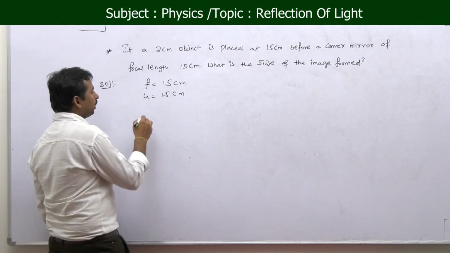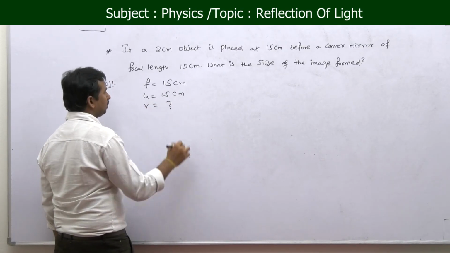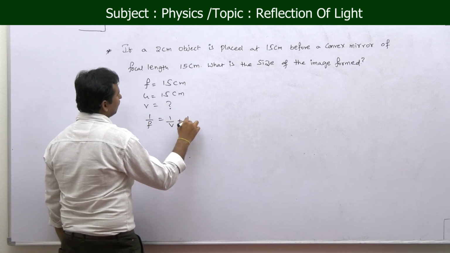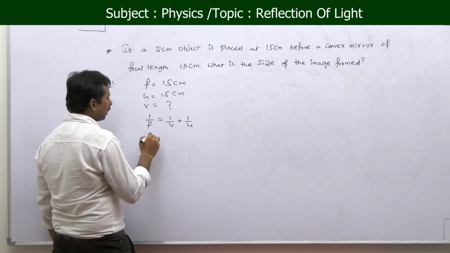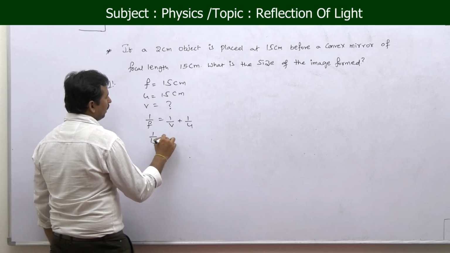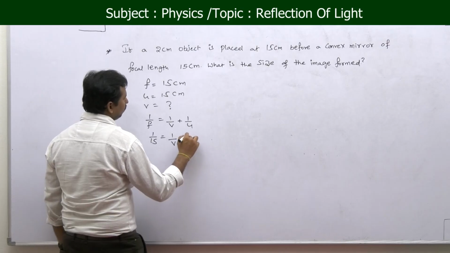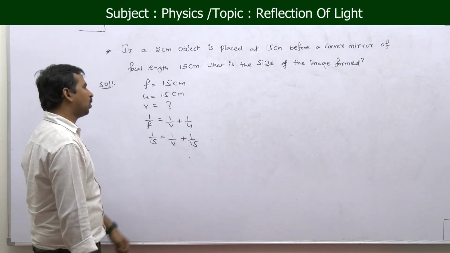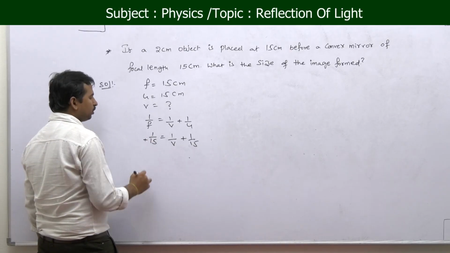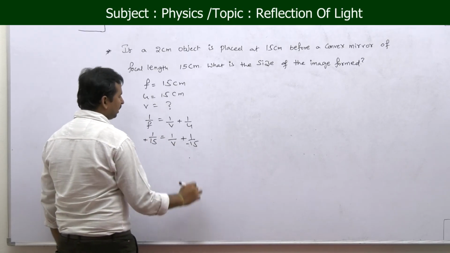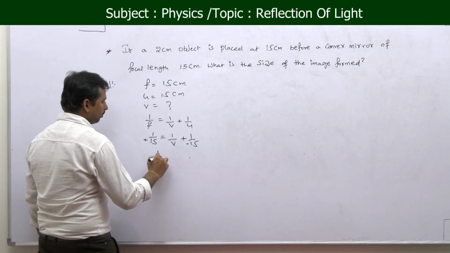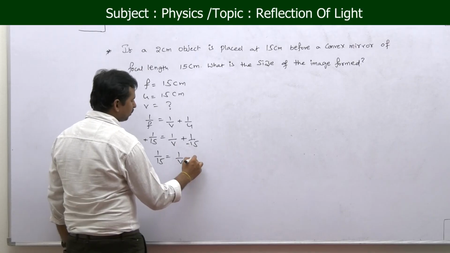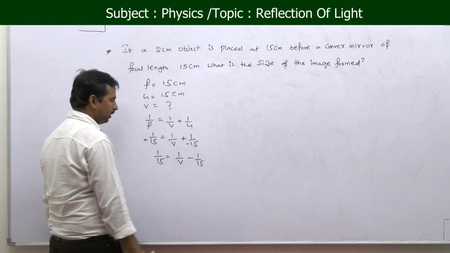Then first we have to find the image distance, which is v. Then 1 by f is equal to 1 by v plus 1 by u. Focal length is already given, 15, v we don't know, and u is 15. If you apply the sign convention, as it is a convex mirror, focal length is positive, whereas object distance we have to take as negative. Then 1 by 15 is equal to 1 by v, and plus into minus becomes minus 1 by 15.